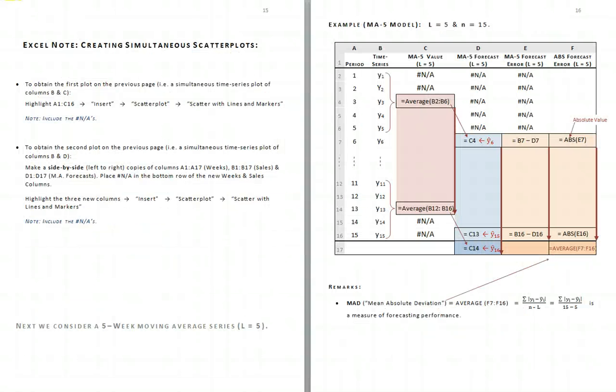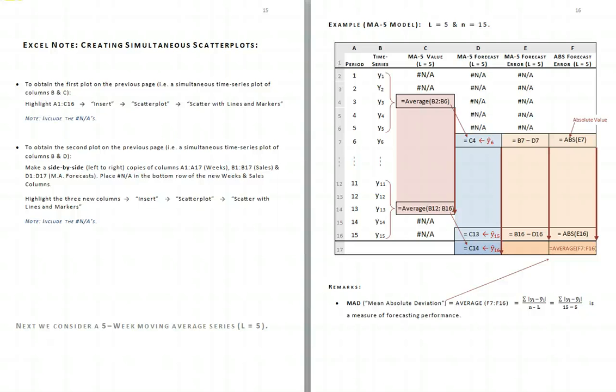We have moved to the next 2 pages. On this page, we fit an MA5 model to the weekly unit sales data.